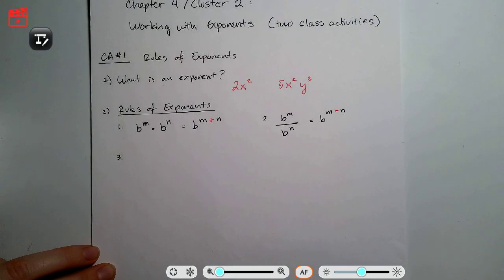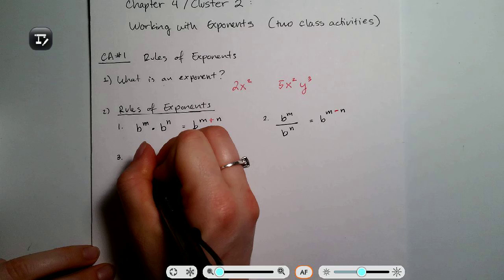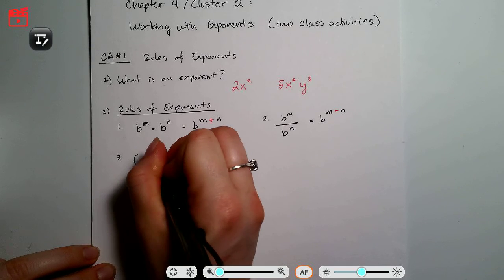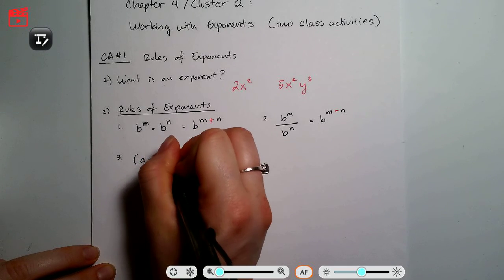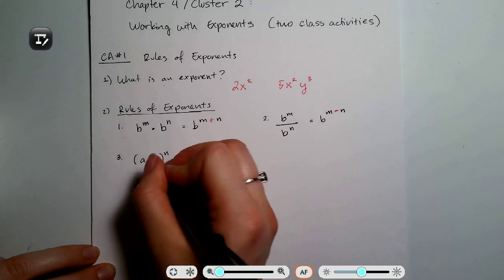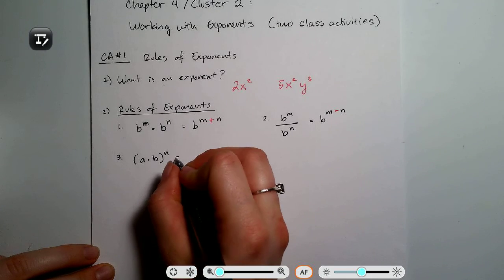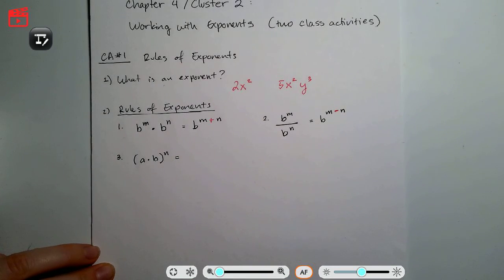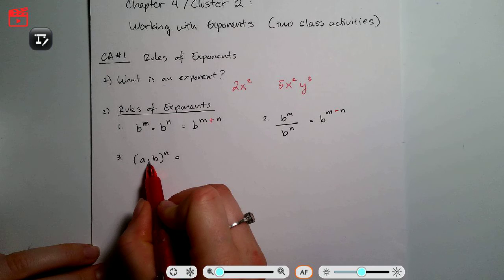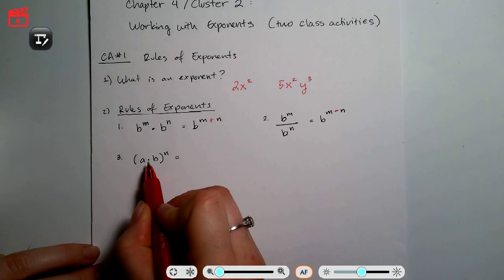Okay, so let's take a look at the third rule of exponents. So for the third rule, we're going to bring in some parentheses here. a times b, to the n power. So what is this going to be? Well, when we see a multiplication sign here, remember this is not an addition sign, that's a multiplication.